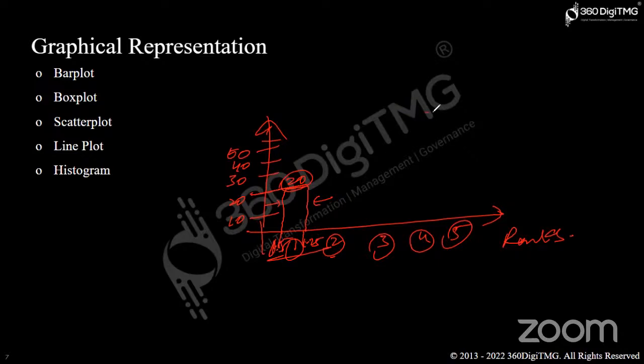That means it gives you the frequency. How many people are scoring those marks? GMAT score. How many of them are going to score that particular value? So it is going to give this value. How many? So this is histogram.